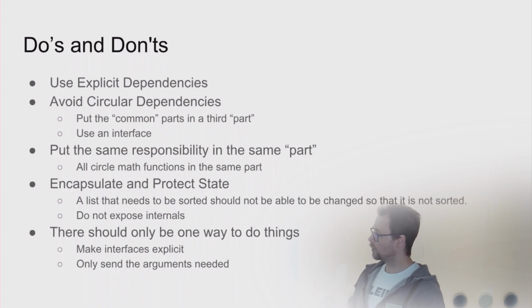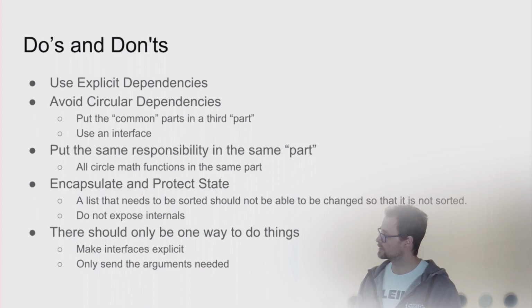Also, there should only be one way to do things, so try to make stuff explicit. For example, in this list example, I implement this nice add item functionality, but I also return the array as it is. So a user of this class does not really know: should I get the list and add items to it directly, or should I use this add item functionality?